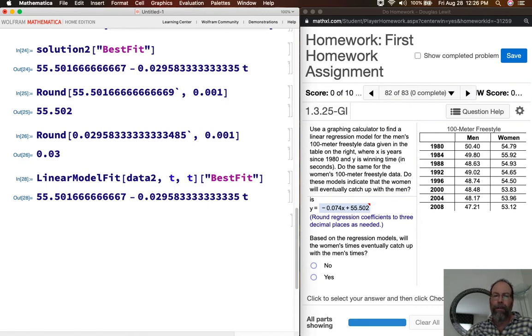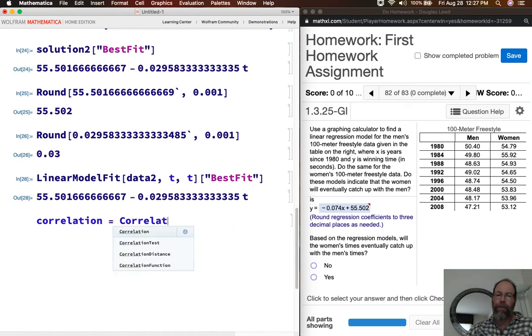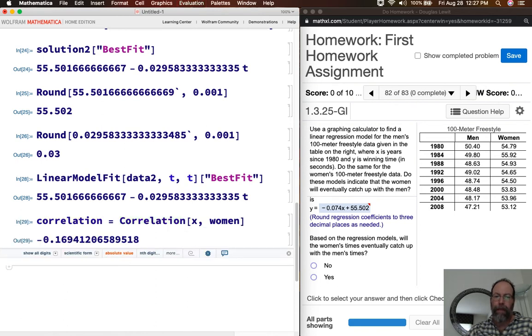Okay, 1 second. So if I was going to do this in a more mathematical way, the correlation is equal to the correlation of X and women.